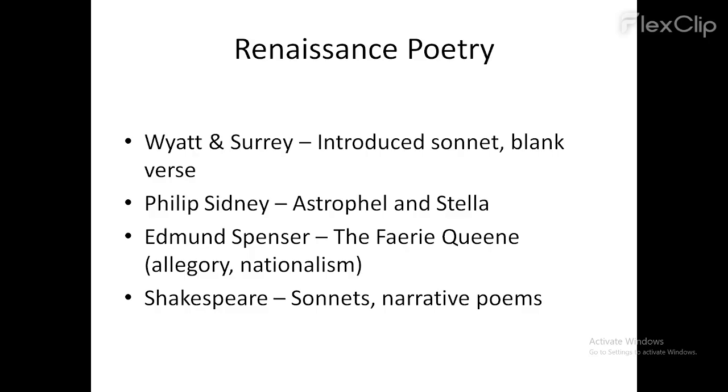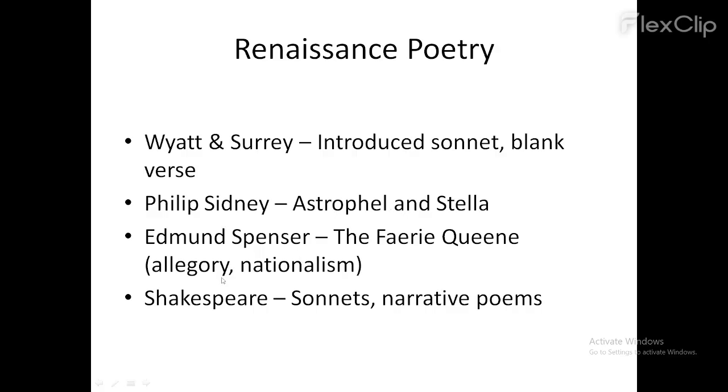The next great writer who added a lot to the collection of literature is Sir Philip Sidney, whose Astrophel and Stella is a memorable piece of literature. Edmund Spenser, who is known as the poet's poet, wrote The Faerie Queene.